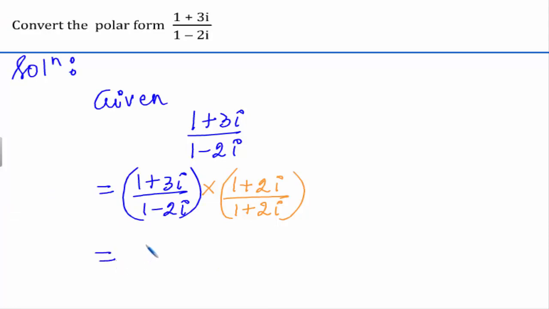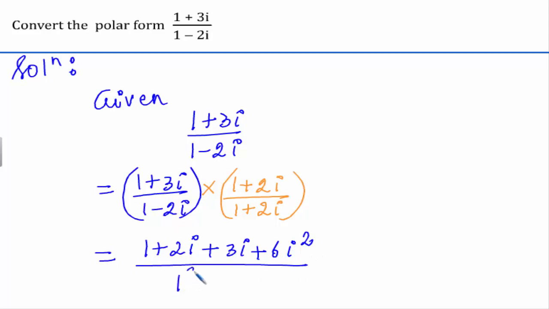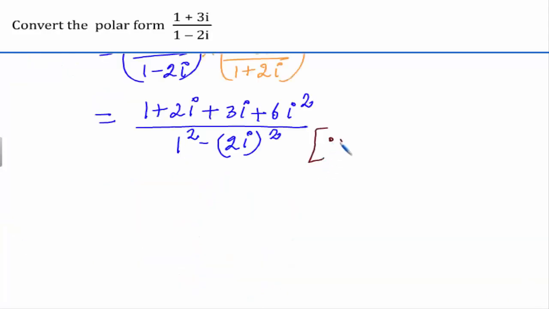This will be equal to 1 plus 2i plus 3i plus 6i square, and in the denominator we have 1 square minus 2i the whole square. To simplify the denominator, we have used the identity a plus b multiplied by a minus b is equal to a square minus b square.